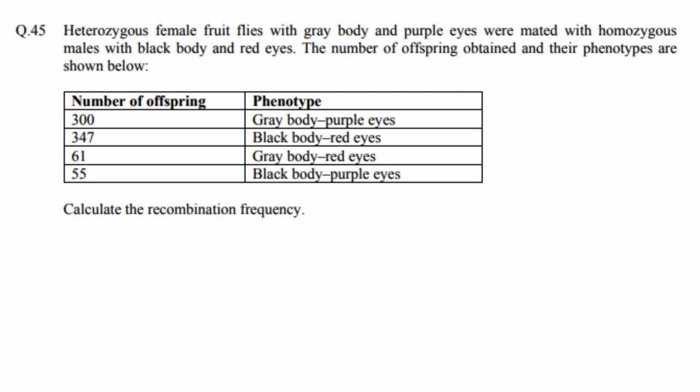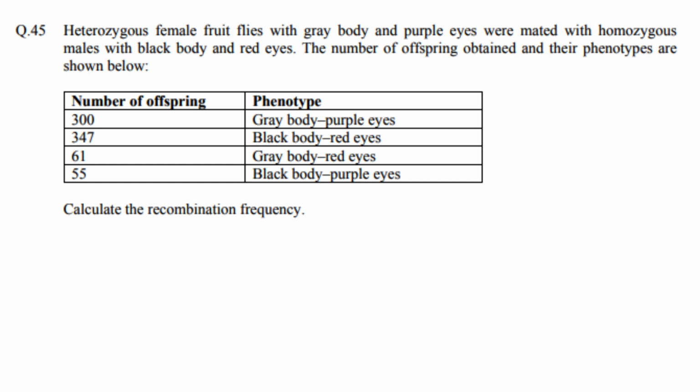Next, a grey body and purple eyes heterozygous female fruit fly was mated with a black body and red eyes homozygous male. The number of offspring are shown in this table. You have to calculate the recombination frequency. Let's determine the parental types and recombinant types first. The highest numbers represent the parental types, like the mother, and similarly for the other parental type.